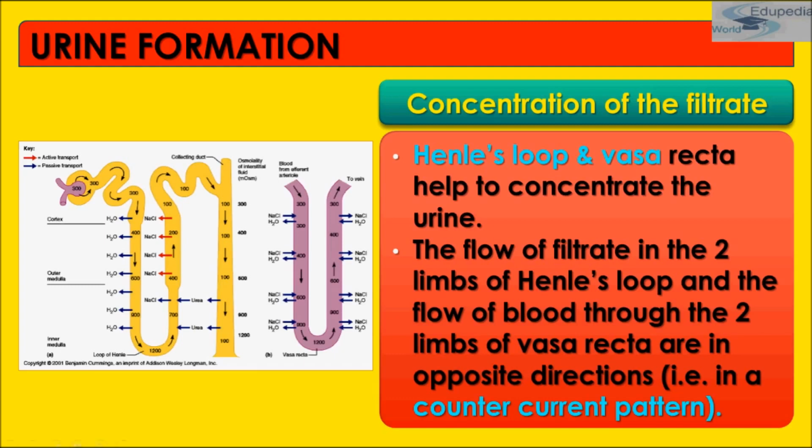The flow of filtrate in the two limbs of Henle's loop and the flow of blood through the two limbs of the vasa recta are in opposite directions, which we call the counter current system. The counter current system is composed of the loop of Henle and the vasa recta, which are present in the medulla of the kidney.